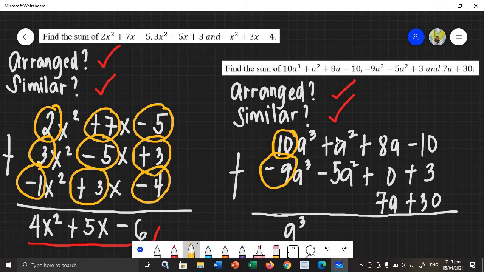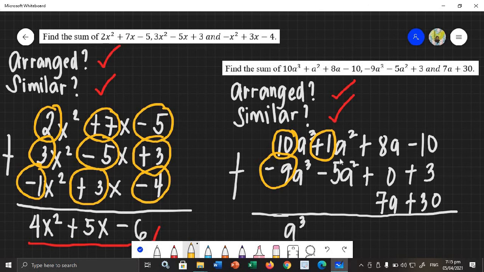And then the second one is, we have a squared, positive a squared. So, walang nakalagay niya na numerical coefficient sa kanya. But then, kapag walang nakalagay na numerical coefficient, that will be considered as 1. Okay? So, ang numerical coefficient niya is positive 1.